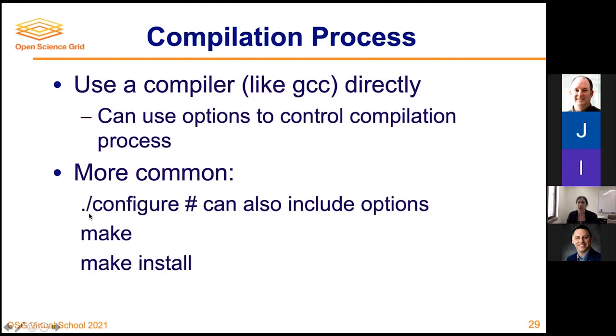So for both these options, there are ways that you can control how the compilation happens. You can either pass the commands directly to the compiler or potentially introduce them in the configuration step if you're compiling code that has this 3-step process.